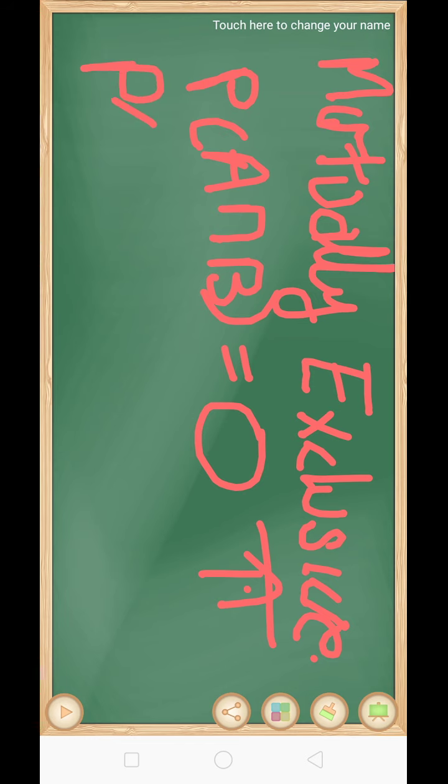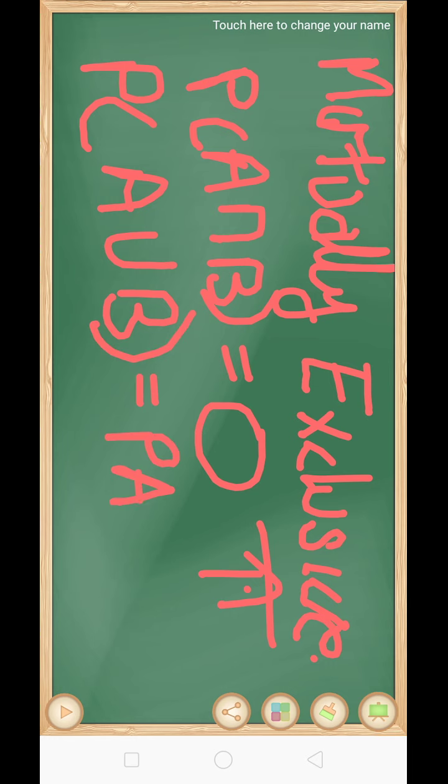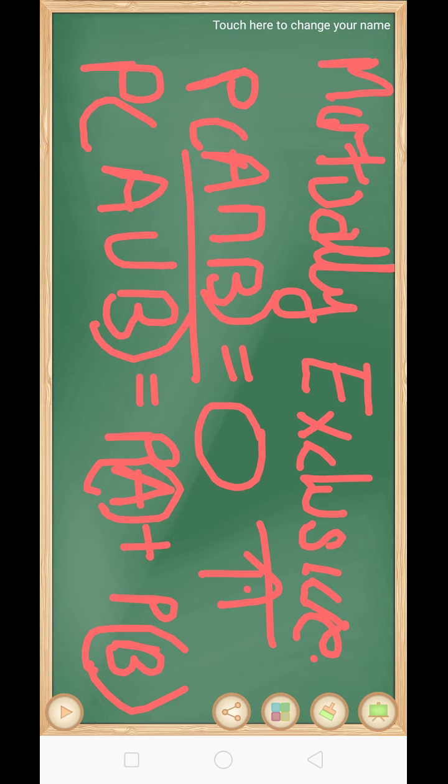That is, P(A union B) is equal to P(A) plus P(B). If P(A intersection B) is not equal to 0, they are not mutually exclusive.